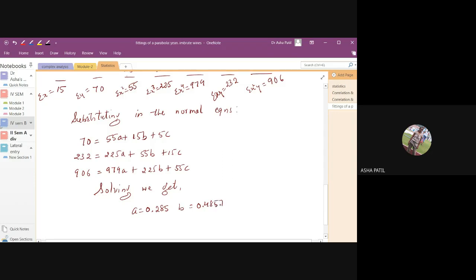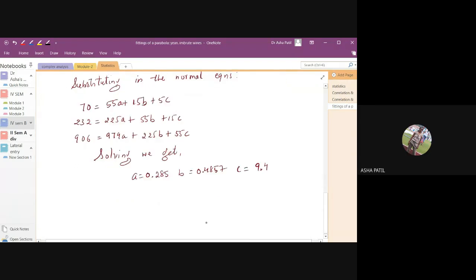C is 9.4. Only 9.4? One decimal place? Yes, ma'am. All of you have got like that? I have written 9.43, that's why I'm asking. All of you have got it.